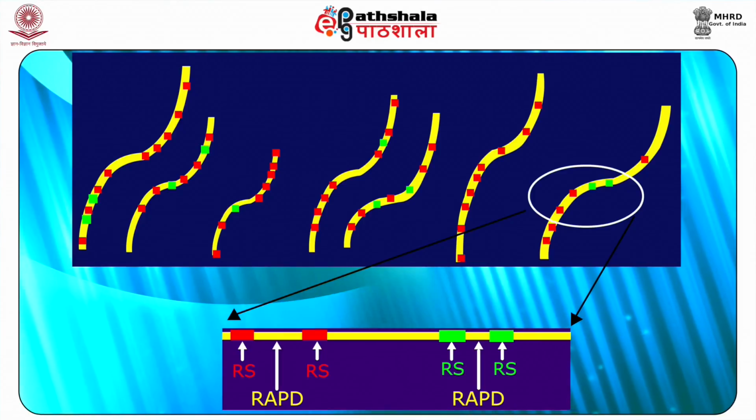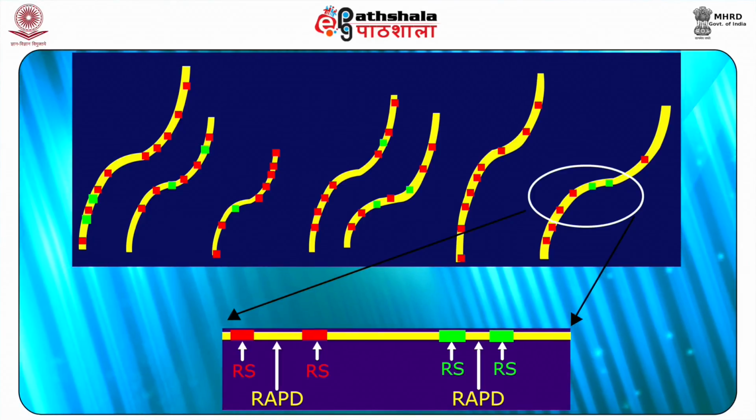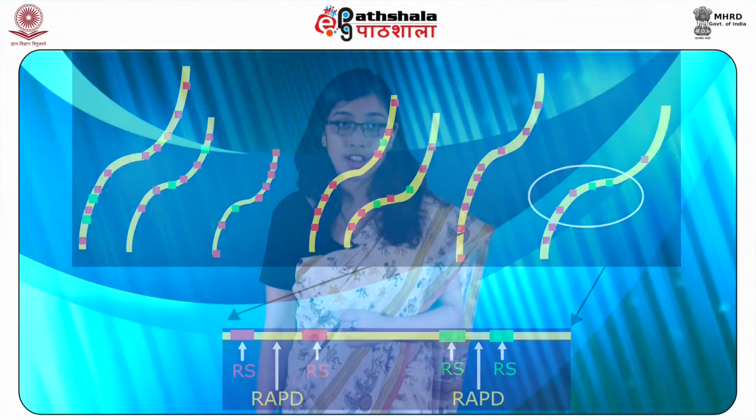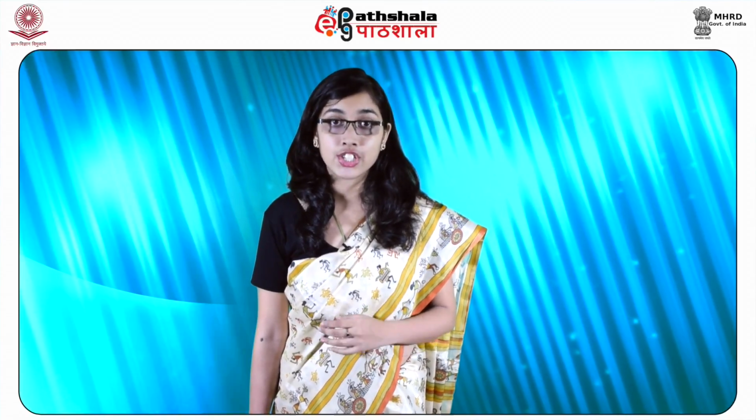RAPD is an inexpensive, fast and easy method for detecting polymorphisms. The applications of RAPD are: it is used in genetic mapping. It is used to develop genetic markers linked to a trait in question. It is also employed to study population and evolutionary genetics.